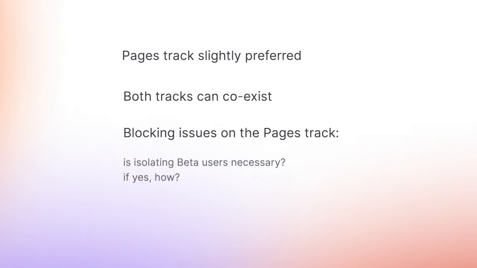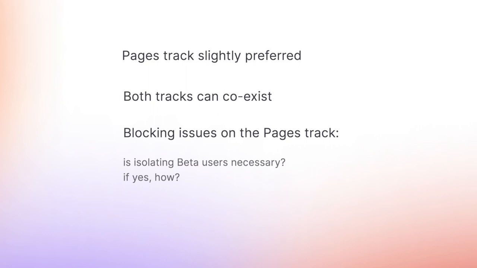Okay, let's summarize. 1. I prefer the Pages approach a bit more given the user feedback. 2. Both implementations would be able to coexist eventually, but I can probably only focus on one at a time. 3. But Pages has 2 open blocking security questions.